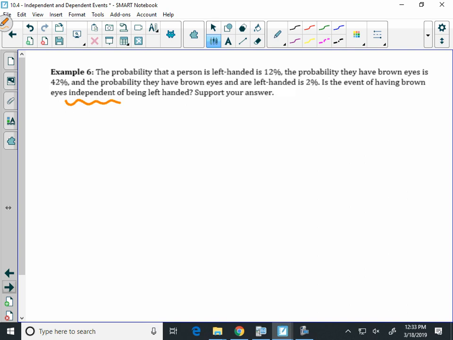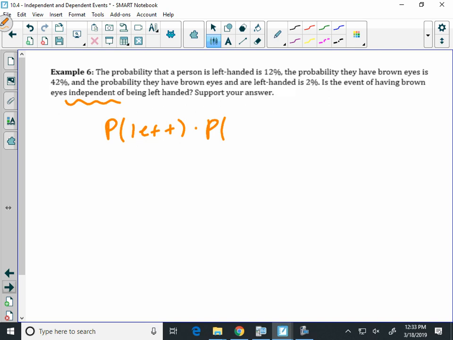So, we're trying to determine if things are independent. So we are going to use that test. What two things are we determining are independent and dependent of each other? What two things are we dealing with or testing? One thing, left-handed. What's another thing?